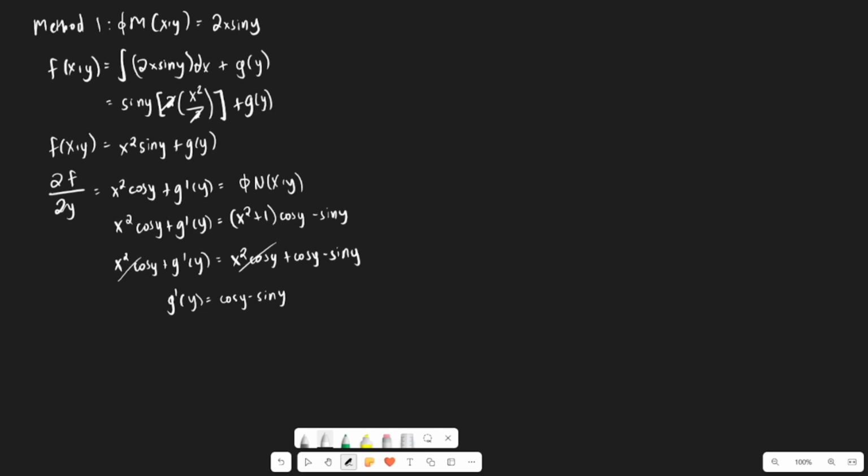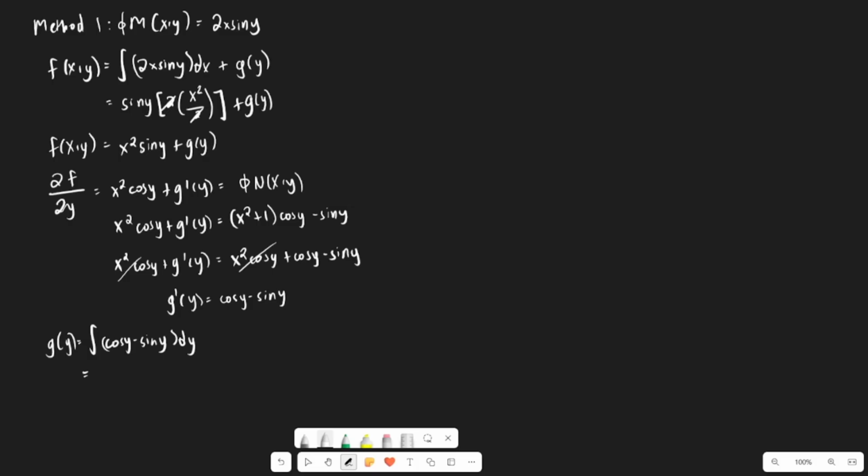Now the next step would be to get g of y. So g of y is actually the integral of g prime of y, which is cosine y minus sine y dy.